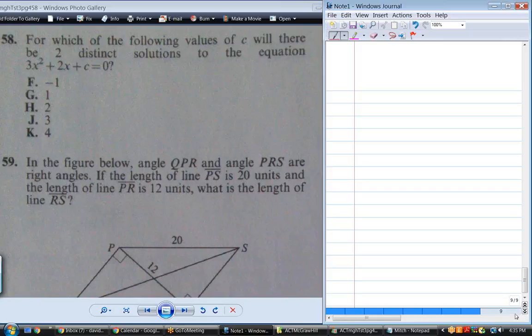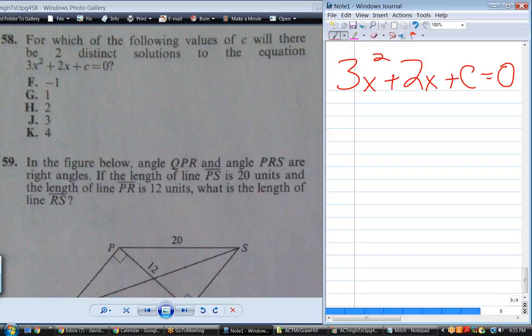All right. So we have a quadratic. And there's a constant there. We just don't know what it is. But we do know some rules about what kind of solutions you get from quadratics, right?